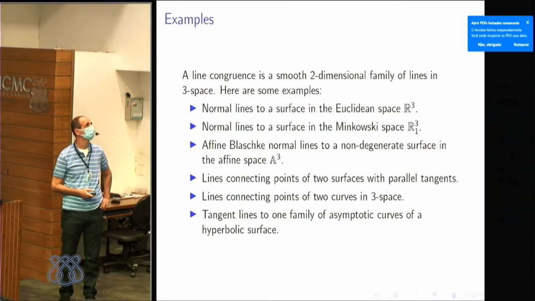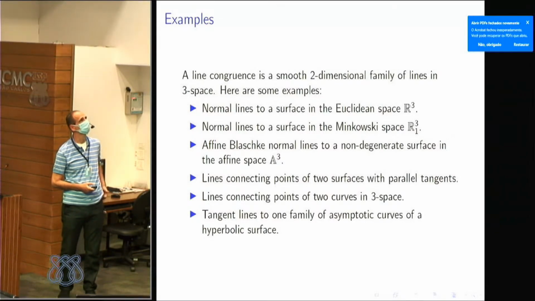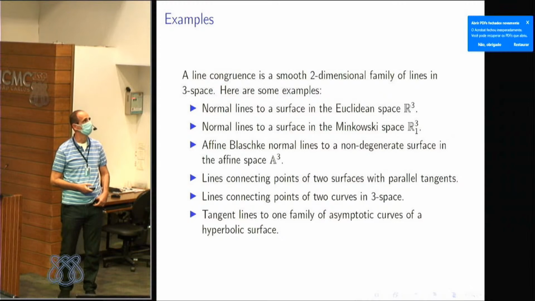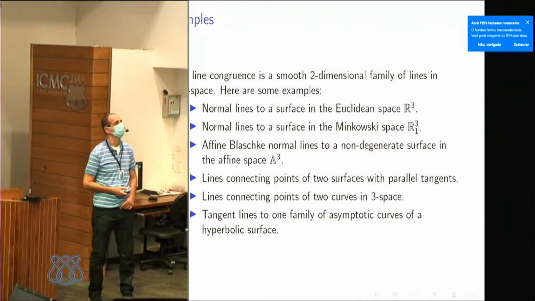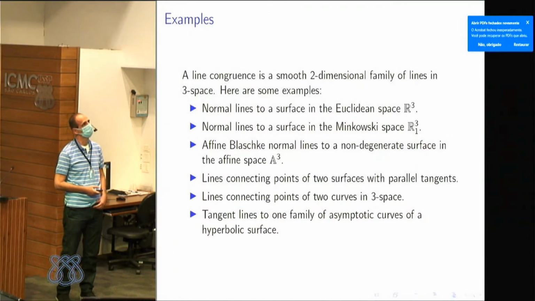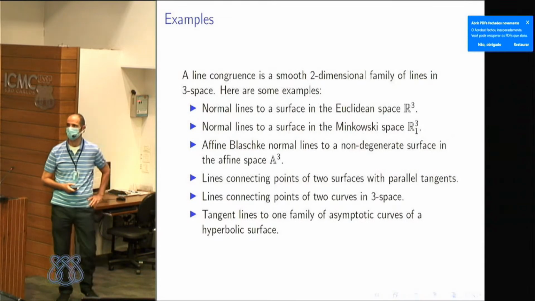Some well-known examples are normal lines to a surface in Euclidean space, normal lines to a surface in Minkowski space, affine Blaschke normal lines to a non-degenerate surface in affine 3-space, lines connecting points of two surfaces with parallel tangents, lines connecting points of two curves in 3-space, tangent lines to one family of asymptotic curves of a hyperbolic surface.